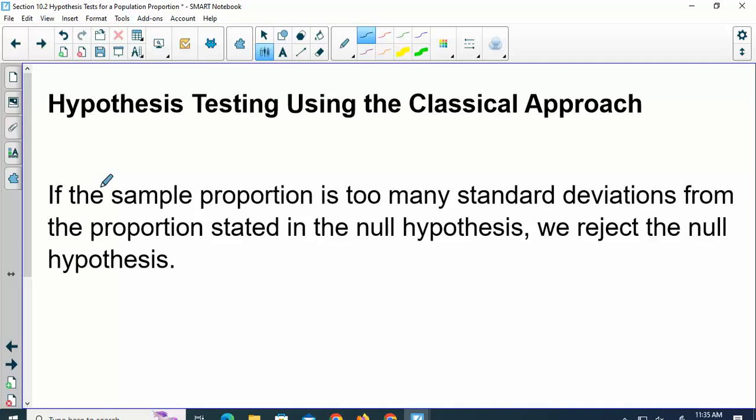With the classical approach, you are looking at how many standard deviations it is from the mean. We know, like the empirical rule, if it's normal, we should see 68% of our data within 1 standard deviation of the mean. Within 2 standard deviations was, anybody remember?